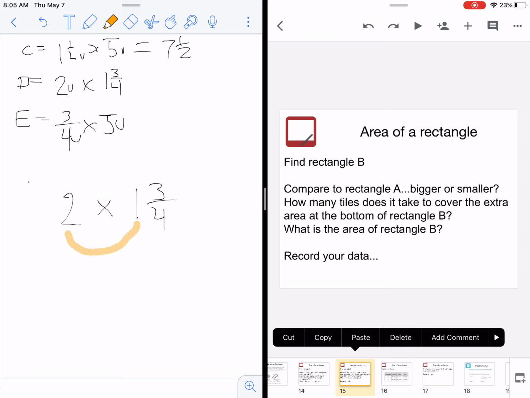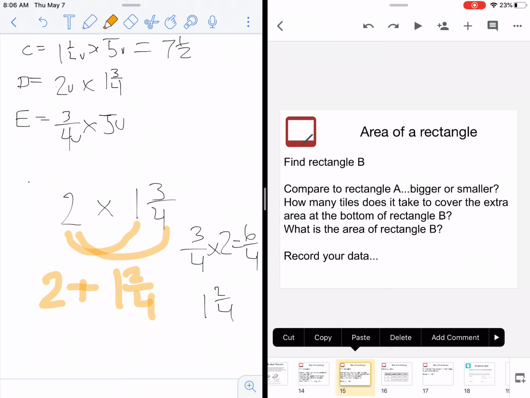It's 1 times 2, which is 2, plus 3/4 times 2, which equals 6/4, which equals 1 2/4. So 2 plus 1 2/4 will give you 3 2/4, or 3 1/2. They're the same. Okay, so this is going to be 3 1/2 for D.